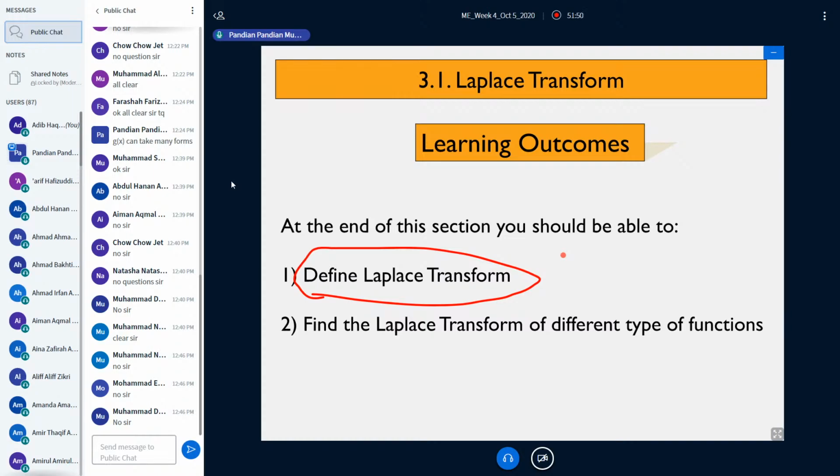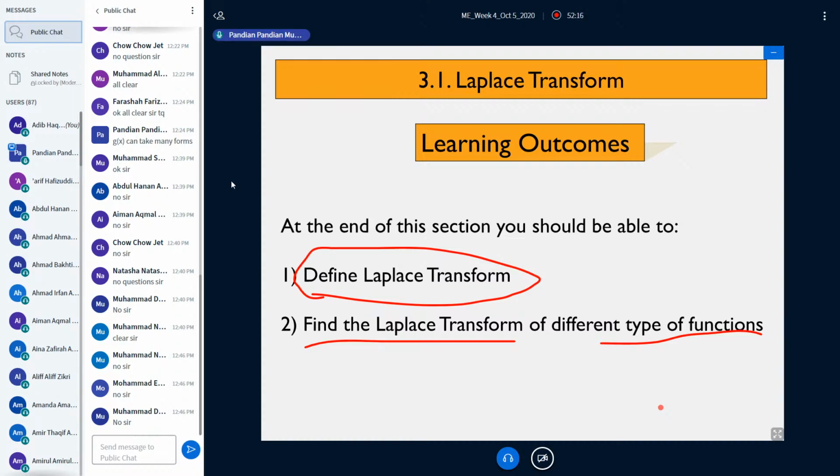A little bit on the background: how the Laplace transform was defined and how to make use of it. First we define it, and then find the Laplace transform for different types of functions: exponential, trigonometric, hyperbolic, polynomial, constant, and so on.